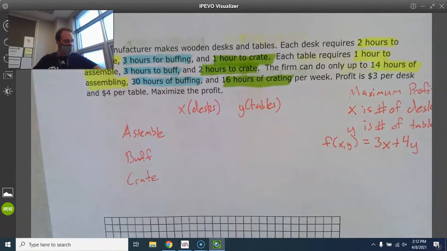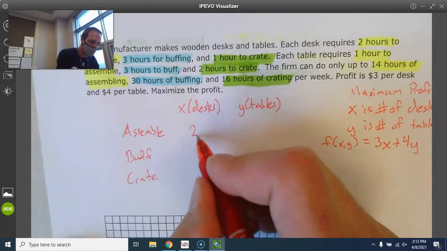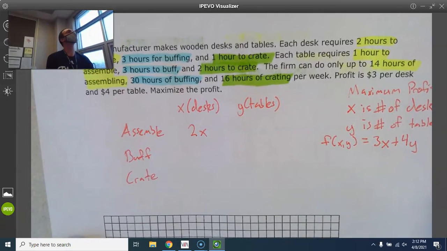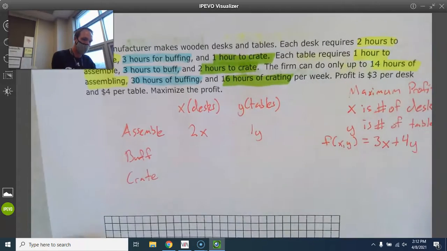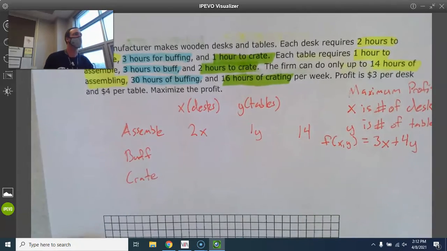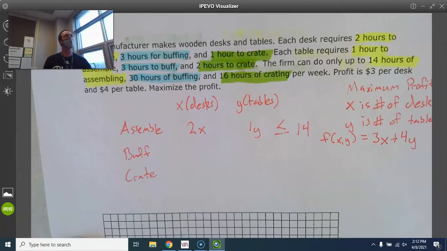How many hours does it take to assemble a desk? 2 hours. So 2x. How many hours does it take to assemble a table? 1 hour. So 1y. And how many hours do you work with assembling? 14. So inequality-wise, because I can't use more than 14 hours, it's going to be less than or equal to.